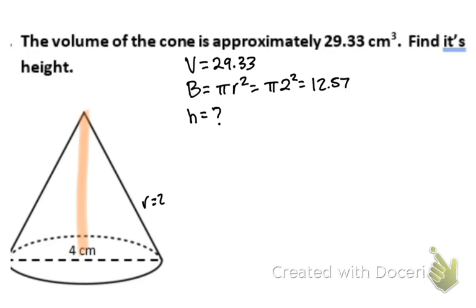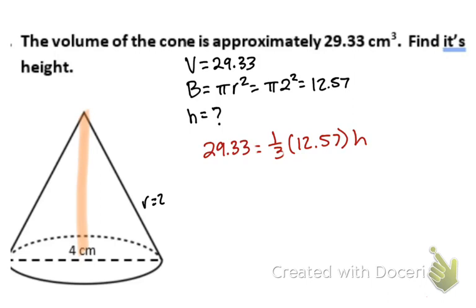So if we put it into the entire equation, we have volume is equal to 1/3 times base times height. Volume we can replace with 29.33, and B we can replace with 12.57. And then we don't know what H is. So we have all of these things being multiplied, and this is going to be a 2-step process.